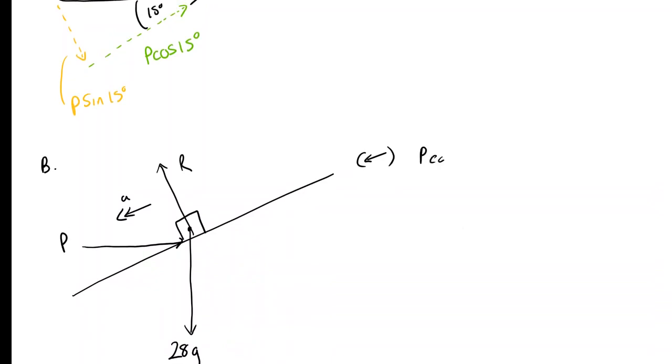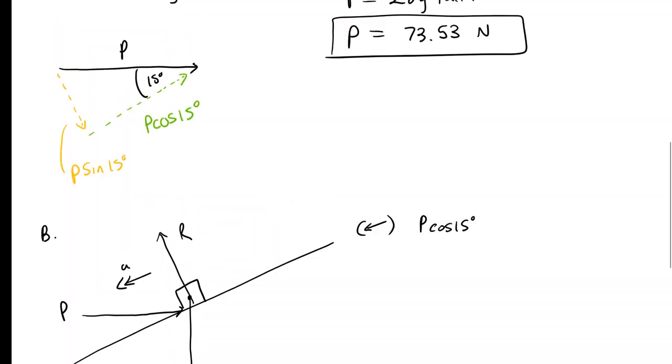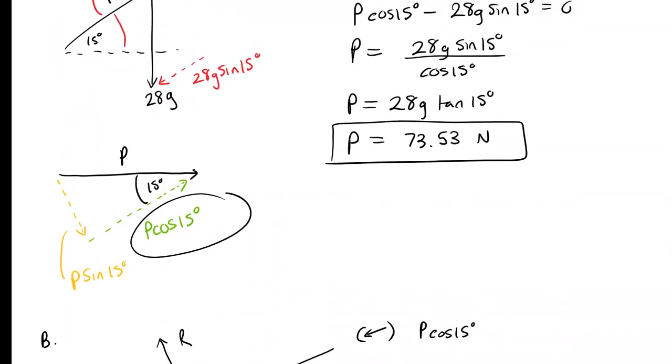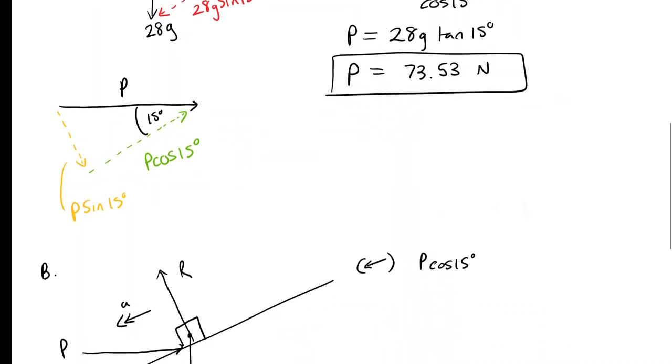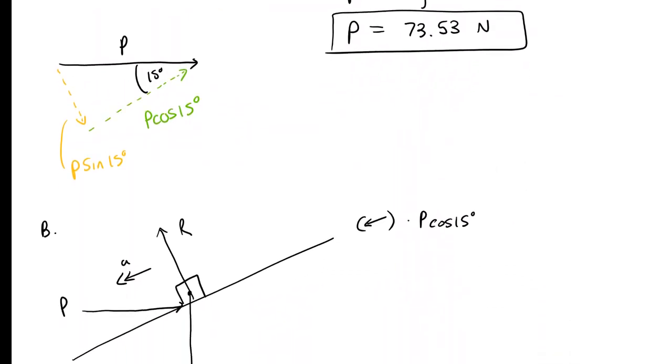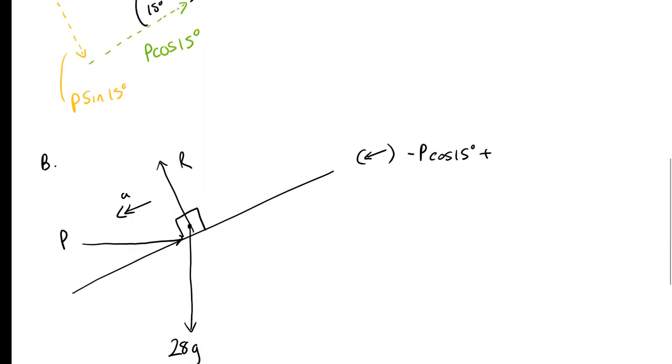P cos 15 degrees, just like before, still acts up the slope, it just isn't going to be as large, and so that's negative now because we've decided down the slope's positive, and then plus the component of weight, which still acts down the slope, so that's 28g sine 15 degrees, and that's equal to ma, 28a, it's a 28 kilogram block.